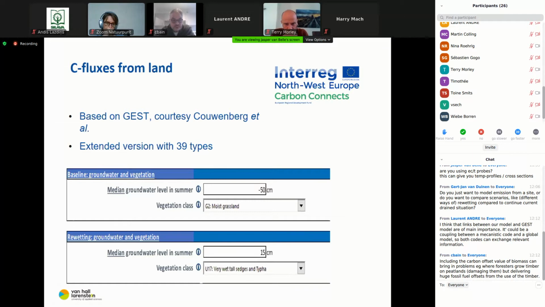So the groundwater level is the first selection, the first filter, and then the user needs to select the best fitting vegetation. What you see here is that the top box is the baseline scenario approach. In this case, I filled in some numbers for a pilot site that VHL is working on, where it has been transferred from a rather extensively used moist grassland vegetation to a typha plantation.